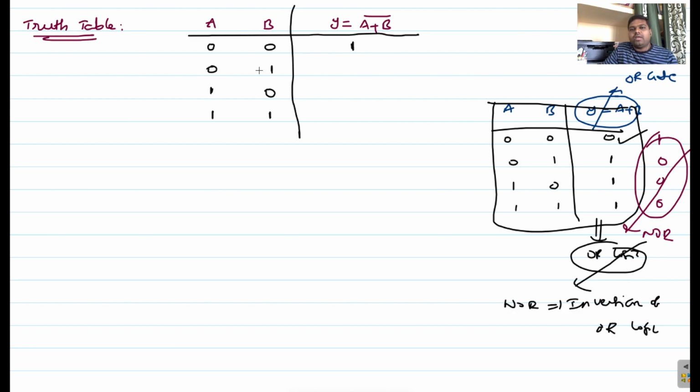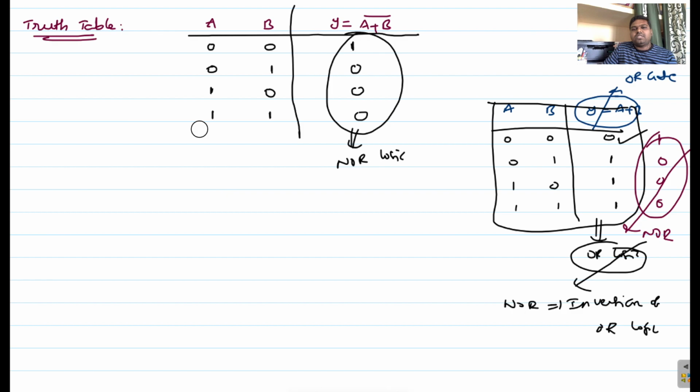In the same way, 0 plus 1 means 1 according to our operation theorem, right? 0 plus 1 equals 1. But the inversion of that sum equals 0, right? The same here also, 1 plus 0 gives 1, and the inversion of that 1 equals 0. 1 plus 1 equals 1, and the inversion of that 1 equals 0. So this gives our NOR logic.